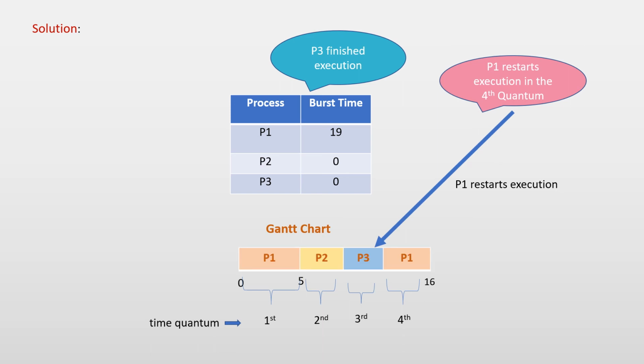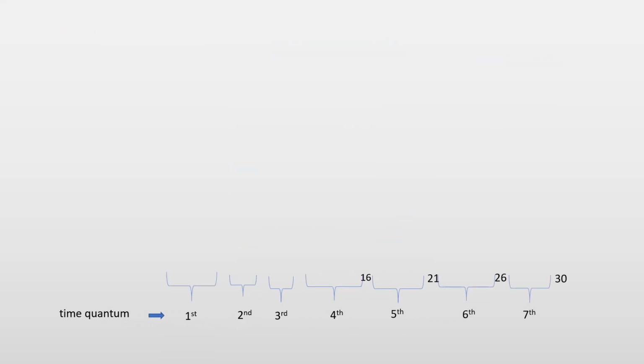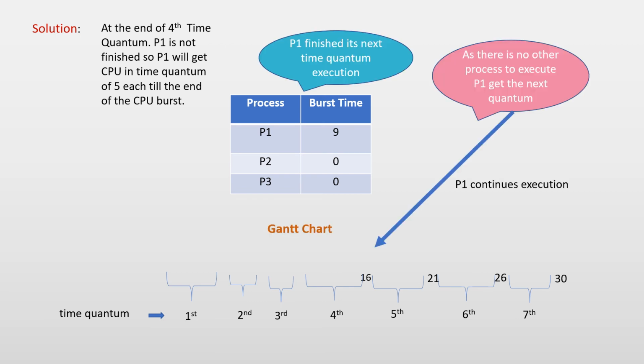Now if you see, though P1 has a 19 millisecond CPU burst remaining, it will not finish in one go. It will have a context switch for the time quantum. So every time it goes on executing for 5 milliseconds. P1 executed here for 5 milliseconds, P2 executed for 3 milliseconds, P3 executed for 3 milliseconds.